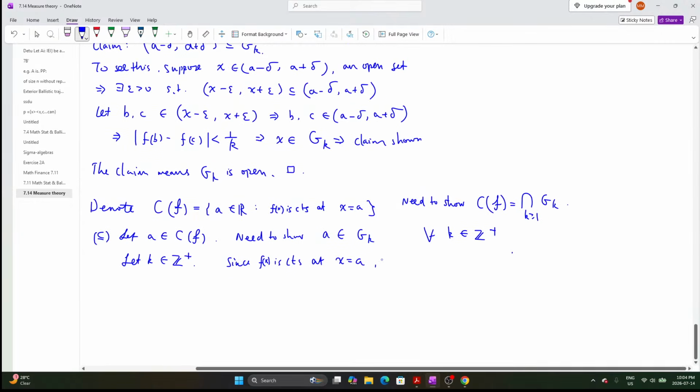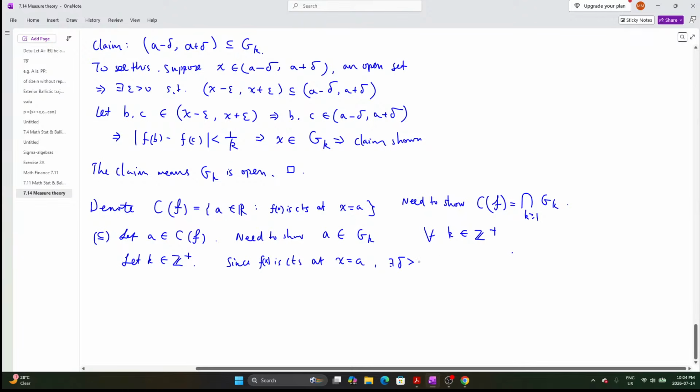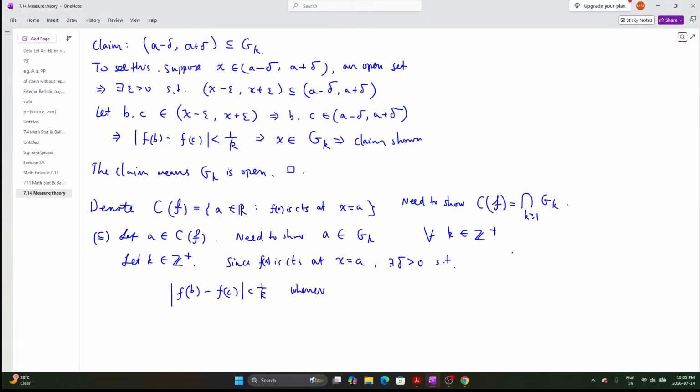So there exists delta positive such that, actually, let's use b, c: absolute value of f of b minus f of c less than 1 over k whenever b, c are in a minus delta, a plus delta.